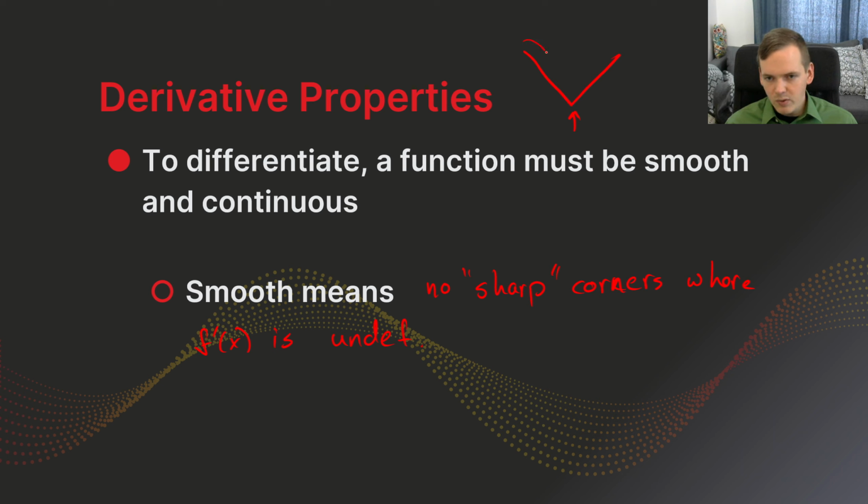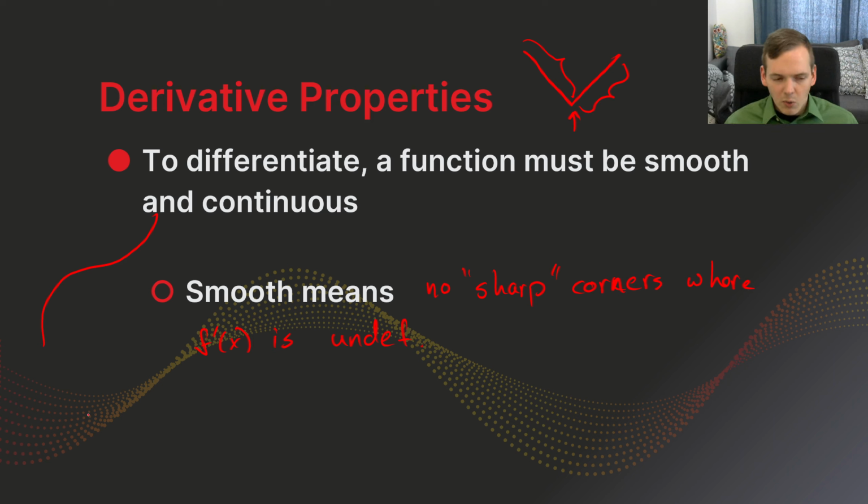You can differentiate over this whole section because this is smooth, there's no sharp bits. And you could differentiate over this section because there's no sharp bits, but you can't do it there. This would be smooth because you'll notice there's no sharp corners, generally speaking.